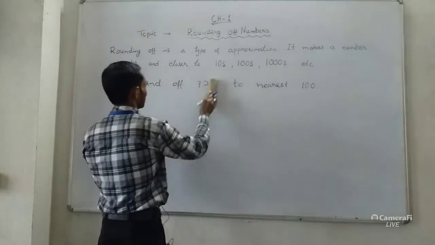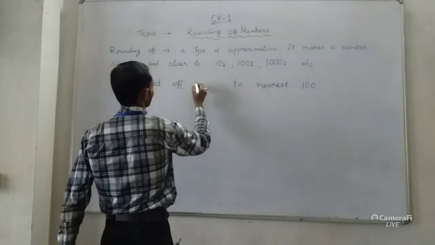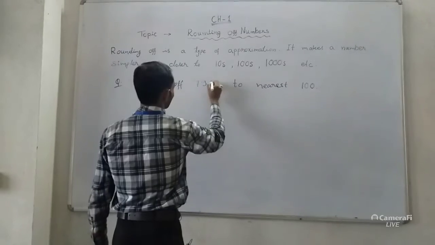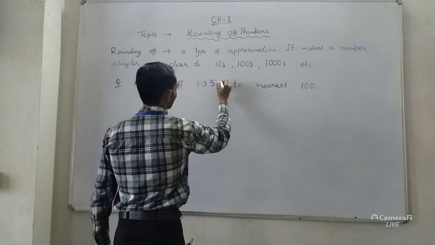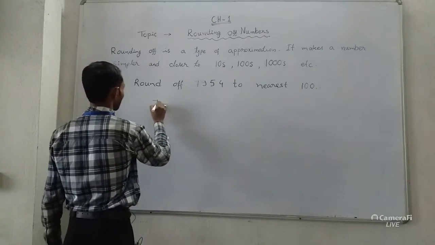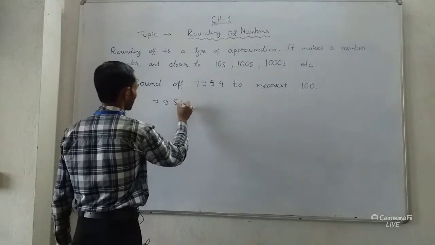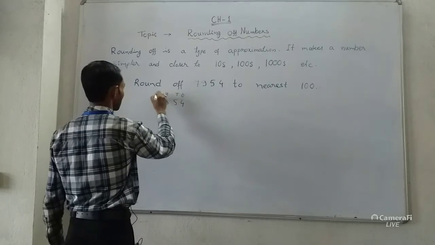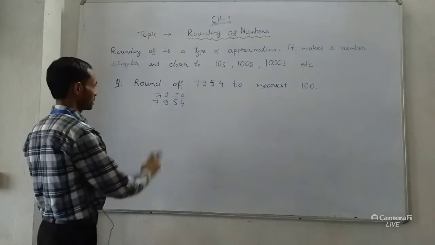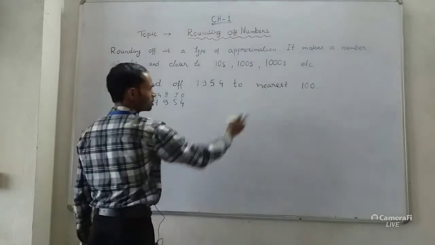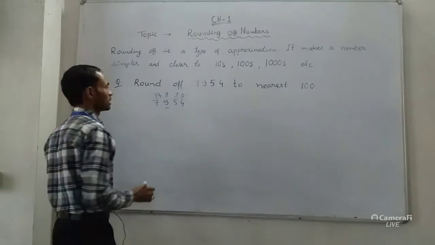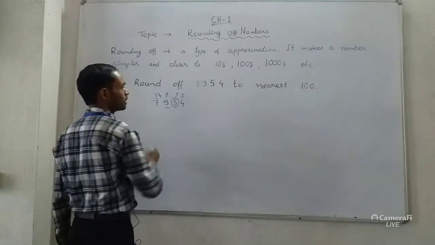Round off 7954 to the nearest 100. In 7954, we have ones place, tens place, hundreds place, thousands place. Now we have to round this hundreds place digit. The hundreds place digit is 9 and the tens place digit is exactly 5.